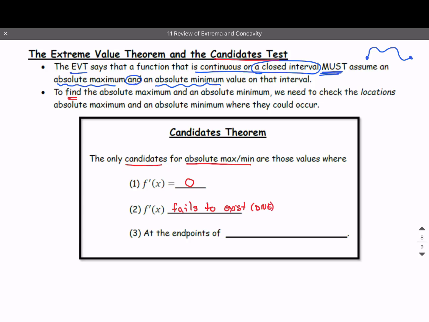Just DNE. Those, remember, are the critical points. Or the other place the maxes and mins can happen are at the endpoints of closed intervals. And this rule only applies when you're on a closed interval. But if you have a closed interval, you have to have an absolute max and a min.